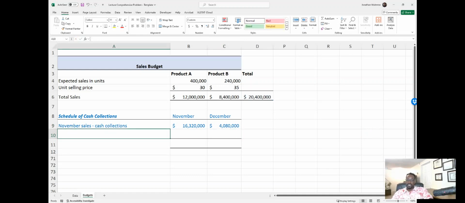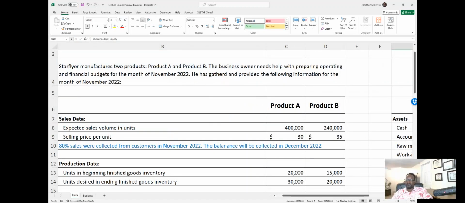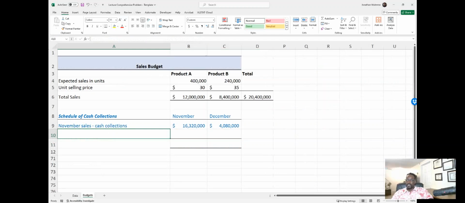Now remember that from the problem, if you look at the data, 80% are collected in the month of the sales, and then the rest is collected the following month. So in November, there was an amount, 20% of the October sales were collected in November. So what we need to do is go to our balance sheet and see how much receivables were on the balance sheet by October 31st.